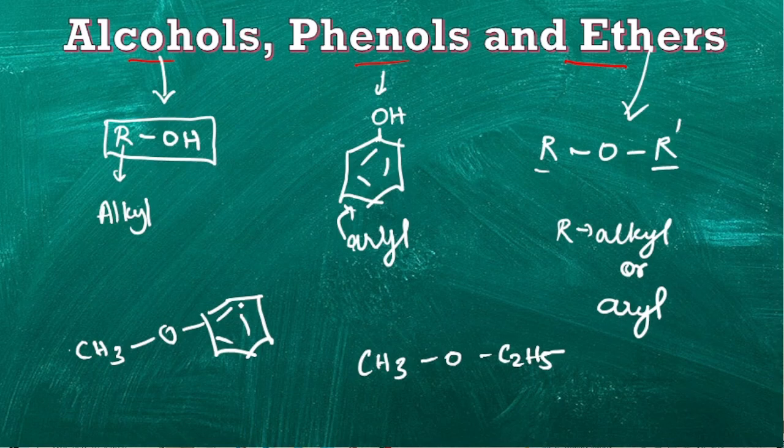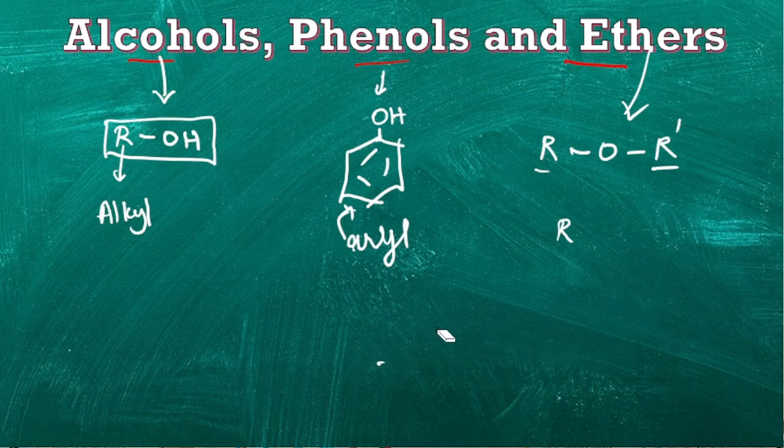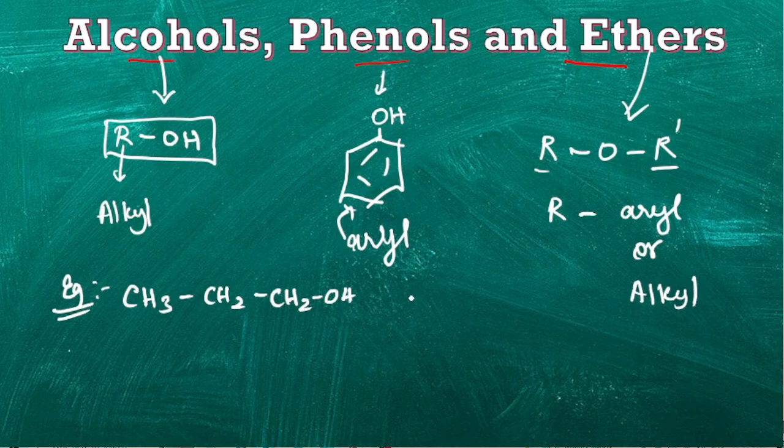Now let's write an example for alcohols, phenols and ethers. R can be an aryl group or alkyl group. An example for alcohols is CH3CH2CH2OH. For phenols, phenol itself can be taken as an example.